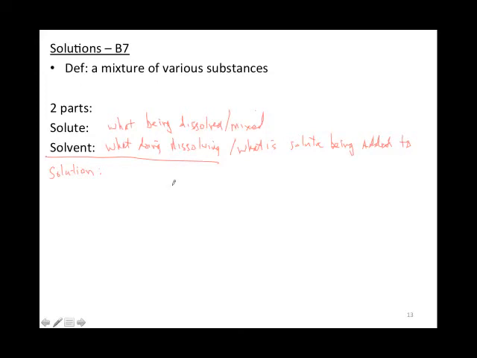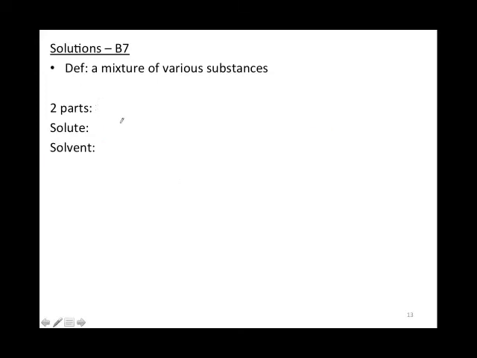And collectively then those would be a solution. For example, we can make a sodium chloride solution. We could take 23 grams of sodium chloride and dissolve it in 1 liter of water, and we would get a solution of sodium chloride. Or we could take any amount of sodium chloride, any amount of water, mix them together and dissolve the sodium chloride, and we would get a sodium chloride solution.